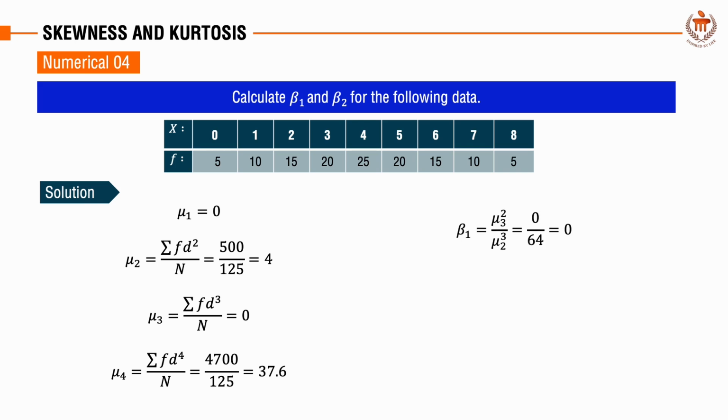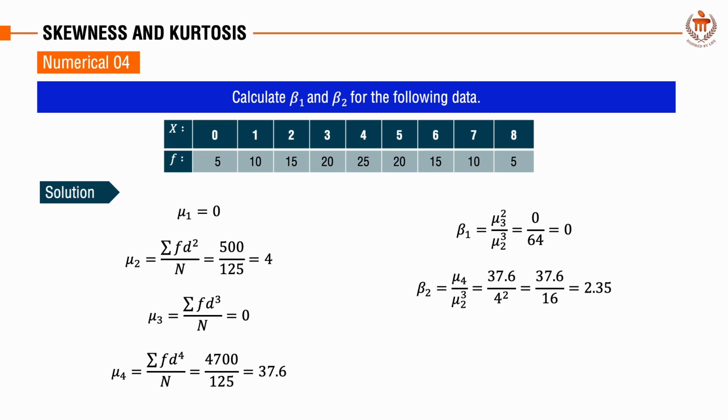Beta 1 is nothing but mu 3 whole square by mu 2 whole cube. Mu 2 was 4, so its cube would be 64. Mu 3 was 0, so 0 square would be 0, so beta 1 is equal to 0. Beta 2 is equal to mu 4 by mu 2 whole square, where mu 4 was 37.6 and mu 2 whole square is 4 square. When we calculate, we get beta 2 equal to 2.35.